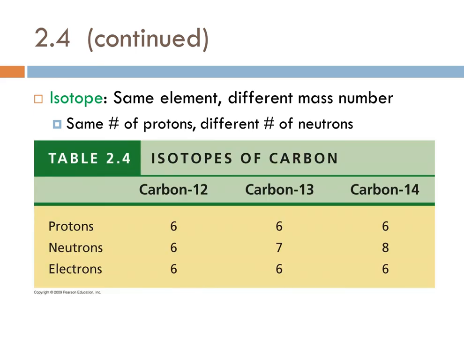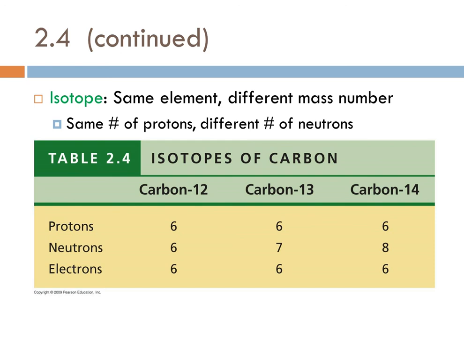So for instance, if we look here at carbon, the first one, carbon-12, because it's got 6 protons and 6 neutrons, we call it carbon-12, or that's normal carbon. Carbon-13 is 6 protons plus 7 neutrons, so you can see it's got an extra neutron. That also means it's slightly radioactive.